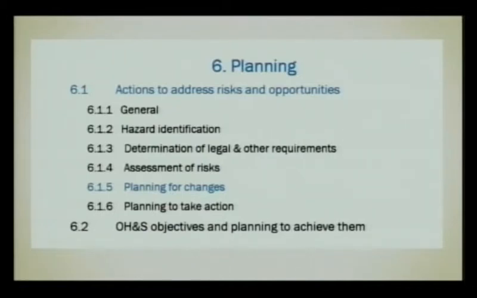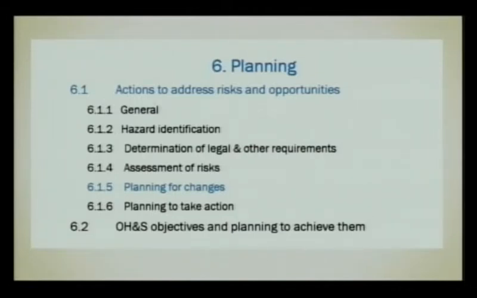We saw that one of the purposes of this high level structure was to make sure that the organizations do consider the risks and the threats and opportunities that the organizations can effectively leverage to meet their own objectives and their goals.